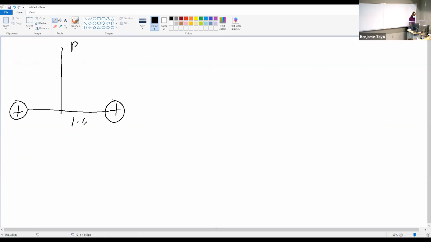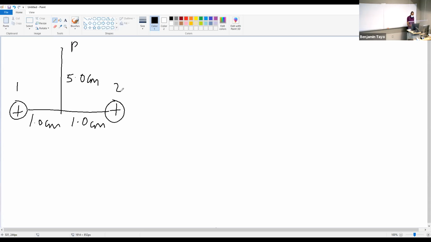I know that this is 1.0 centimeters, this is 1.0 centimeters, and this is 5.0. Let's call this charge number 1 and this charge number 2.